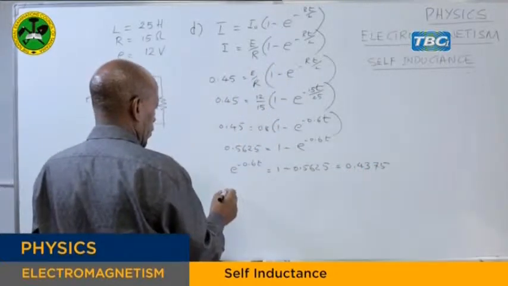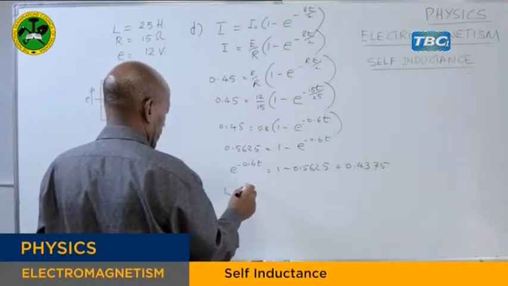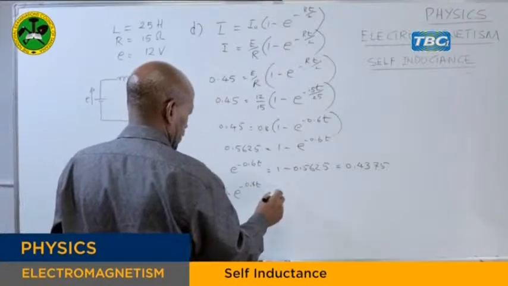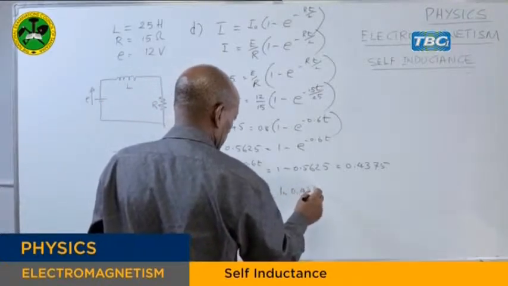So if I take ln of both sides, minus 0.6 T is equal to ln 0.4375.